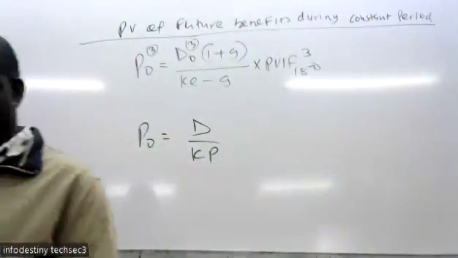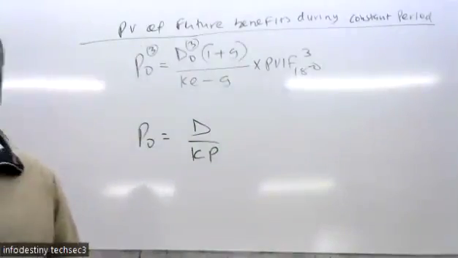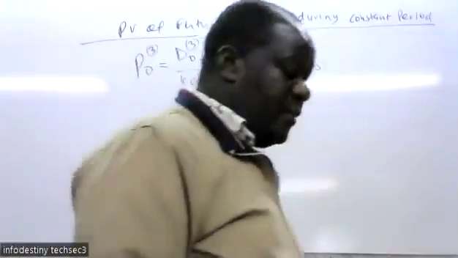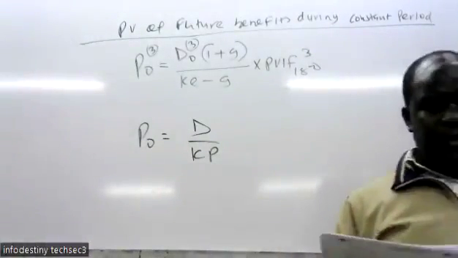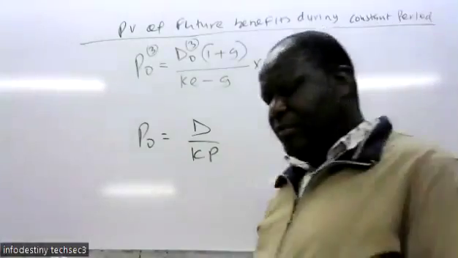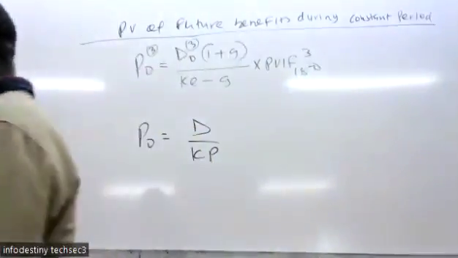The minimum required rate of return by the investor is 8%. Required: explain whether the share is overvalued or undervalued by the market forces.